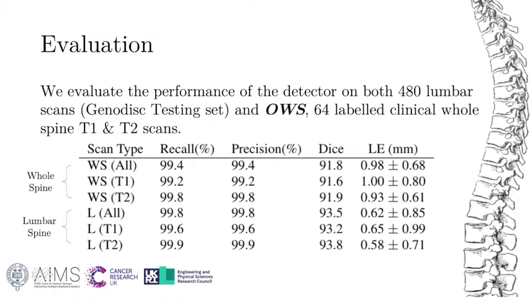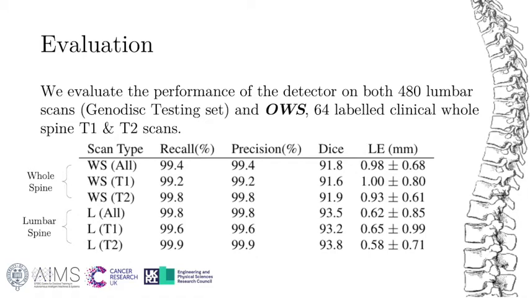Following definitions previously used in automated vertebra detection literature, we consider a true positive detection as when the centroid of a predicted bounding box is contained entirely within a single ground truth bounding quadrilateral. Under this metric, we report the recall and precision of the detector.